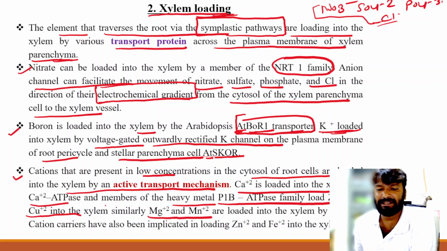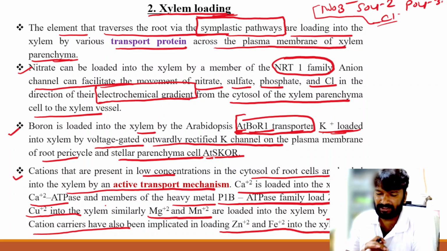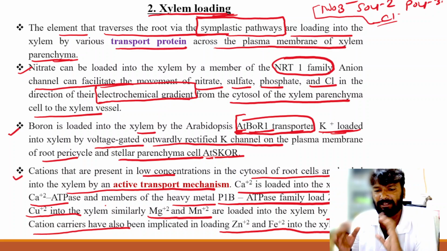Similarly, magnesium and manganese are loaded by the ATPase, and cation carrier proteins are also implicated in loading zinc and iron into the xylem.